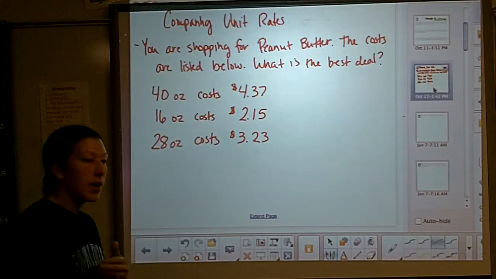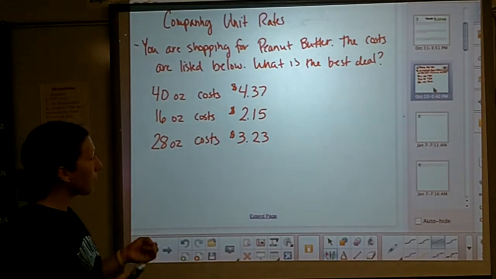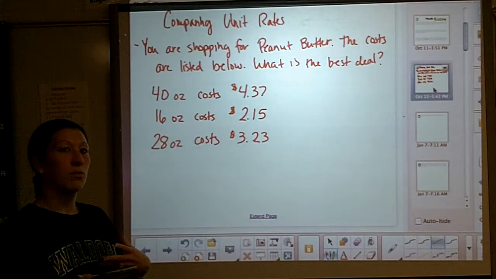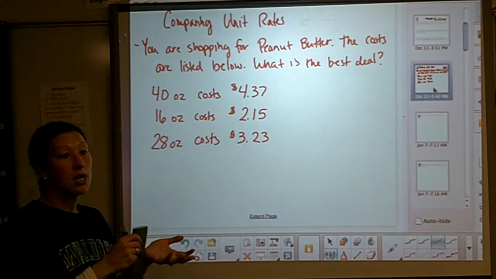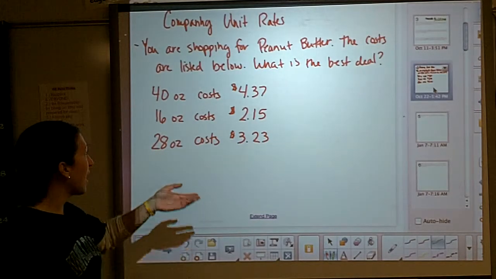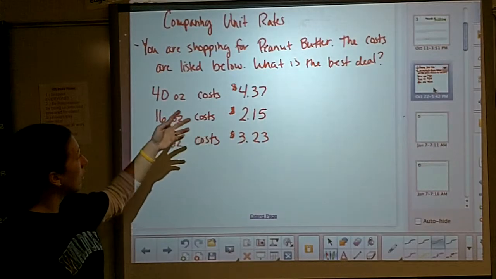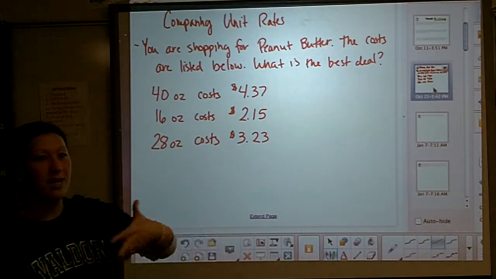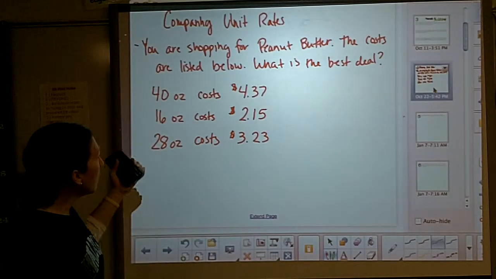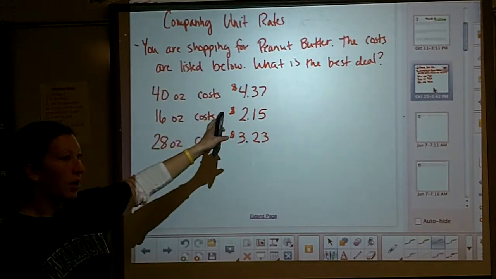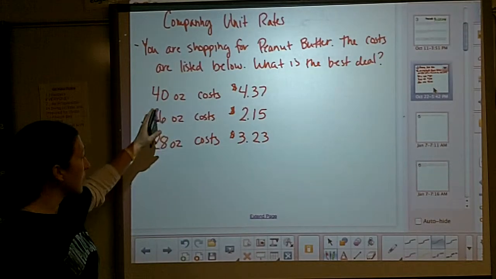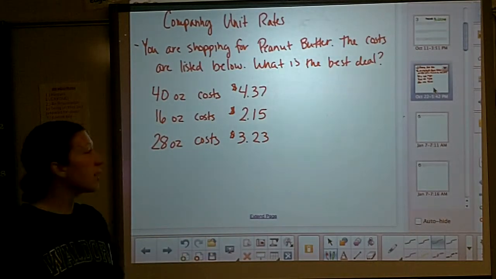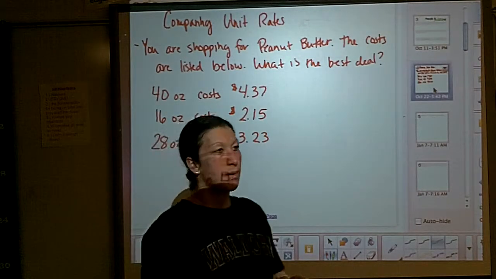Now, not that there's really a right or wrong way with this, but most of the time people say cost per amount, like dollars per ounce. Most people don't say ounces per dollar. That doesn't make as much sense. If you compared it as ounces per dollar, as long as you compared it the exact same way in all three, you'd still be able to figure out which is the better deal.